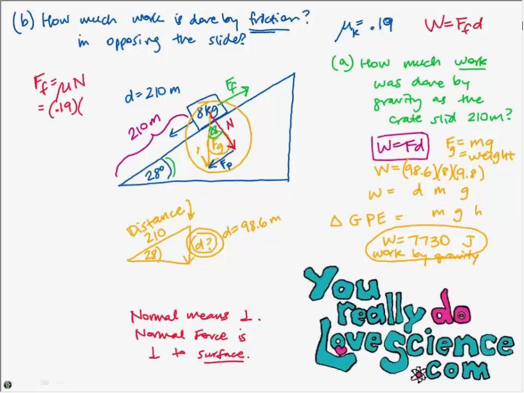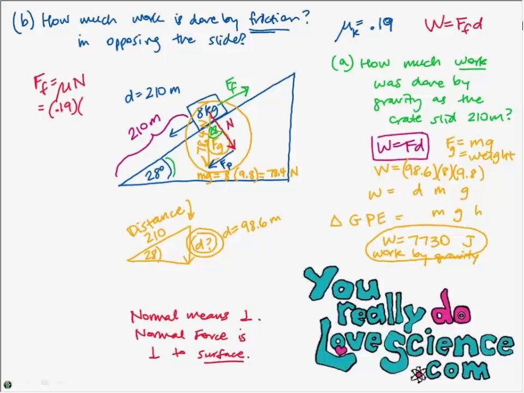This is 78.4 newtons, and that is the weight of the object, and that's the hypotenuse of the force triangle. Wait, but why? Because FG, you see the 8 kilograms? The 8 is the mass, and mg is 8 times 9.8, and that's the weight of the object, 78.4 newtons.